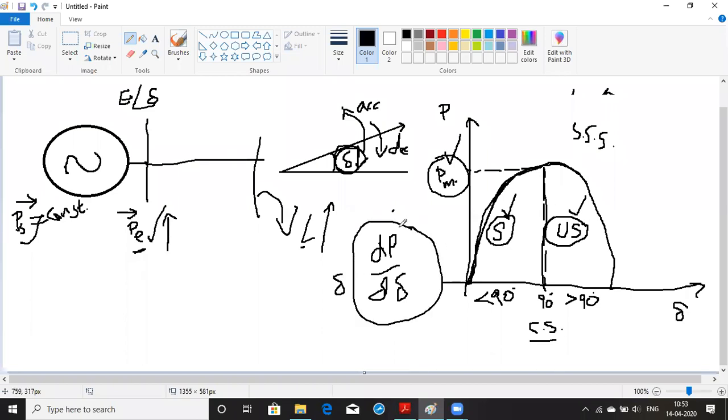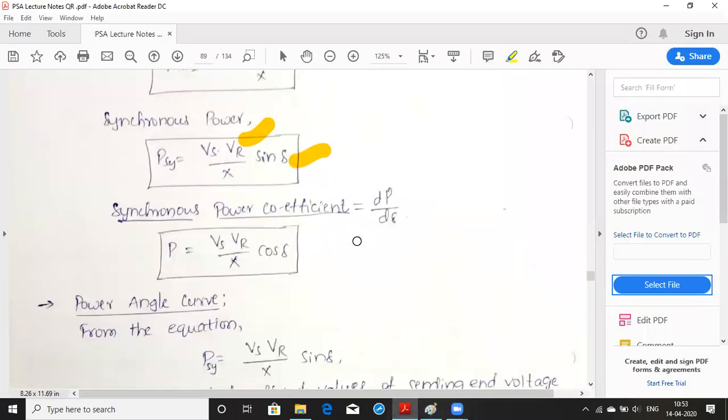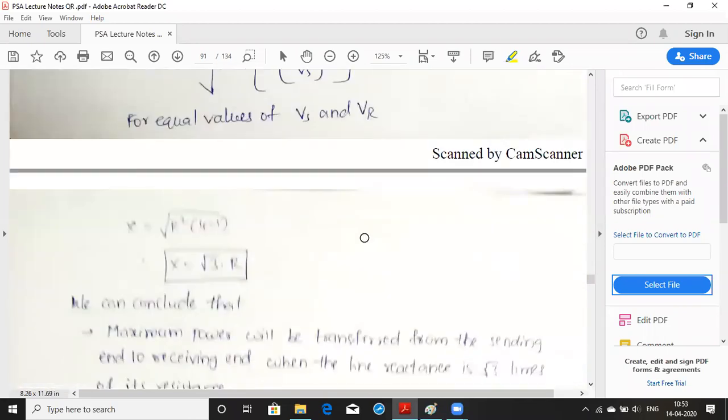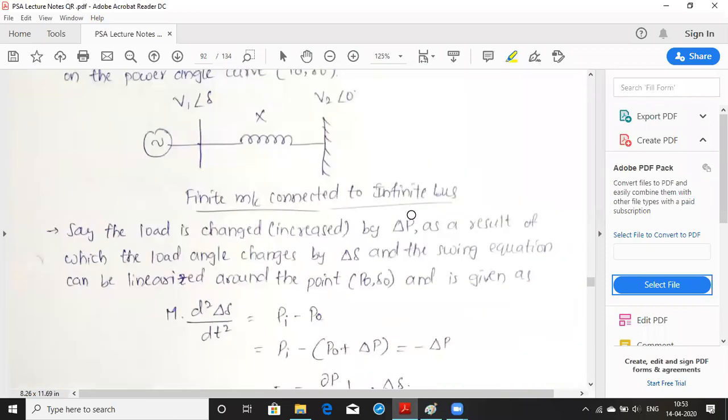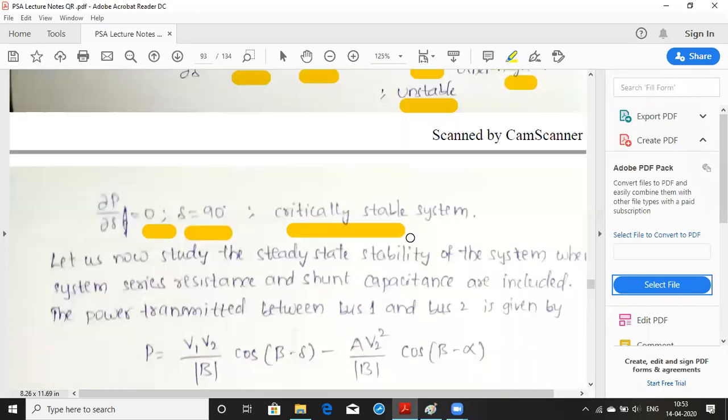We have done one condition for less than 90 degrees, greater than 90 degrees, and equal to 90 degrees. Therefore, we can achieve steady state stability if it is less than 90 degrees. That is called the determination of steady state stability. So we have done this one.